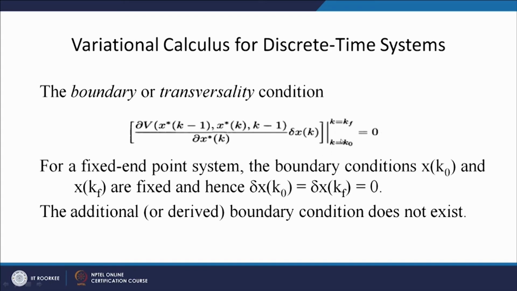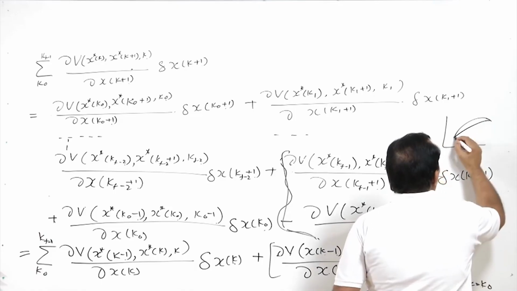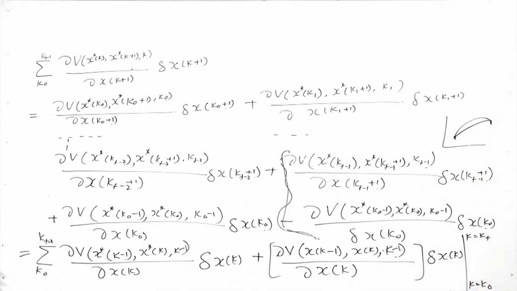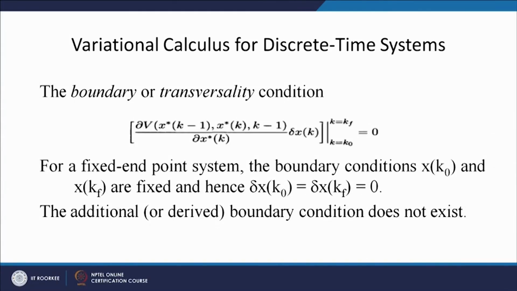Now, depending upon my boundary condition, different boundary conditions can arise. If I have the fixed endpoint condition, then at k equal to k 0 and k equal to k f both points are fixed. In this particular case, my delta x k at k equal to k 0 and k equal to k f will be 0, so this equation will not arise in the system.